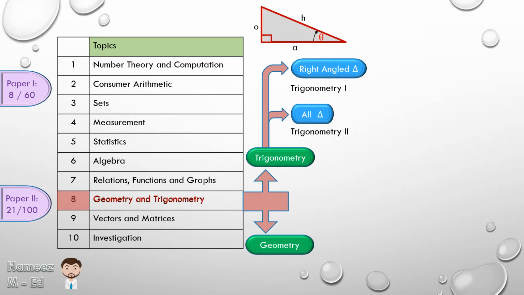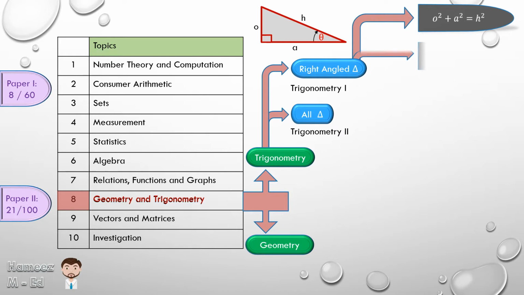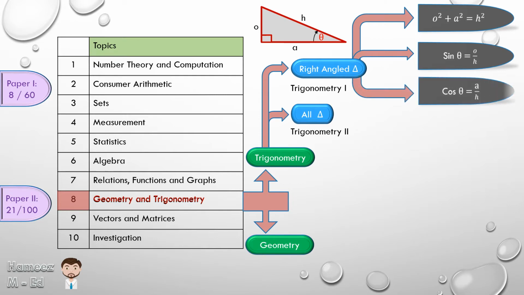And the rules that relate them, we can relate the lengths of all 3 sides using Pythagoras' theorem, which states o squared plus a squared is equal to h squared. Or we can use trigonometric ratios, sine theta is equal to o over h, cos theta is equal to a over h, and tan theta is equal to o over a. Those 4 work for any right angle triangles.